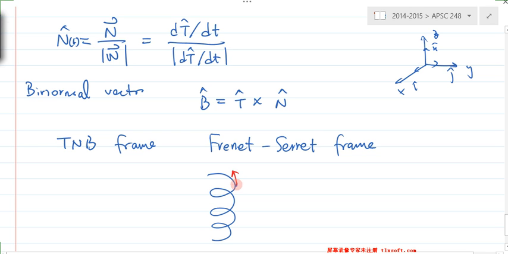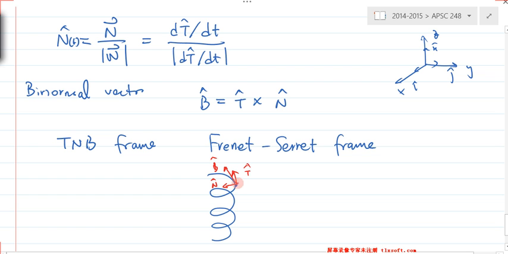You can also construct N. So this is T hat, this is N hat, and then there's also a B hat. Basically, you can attach a TNB frame for a particle moving along this trajectory. Does that make sense?